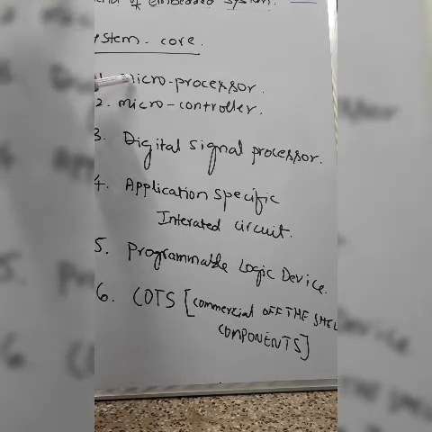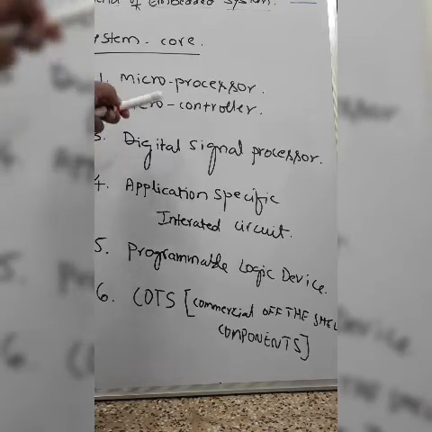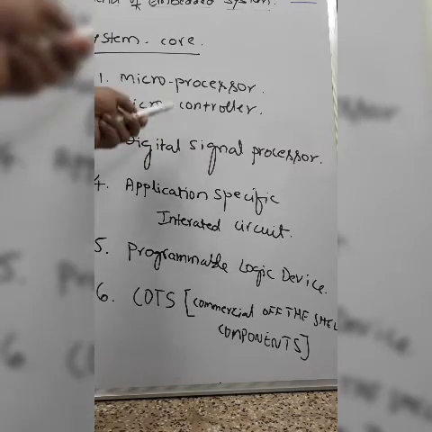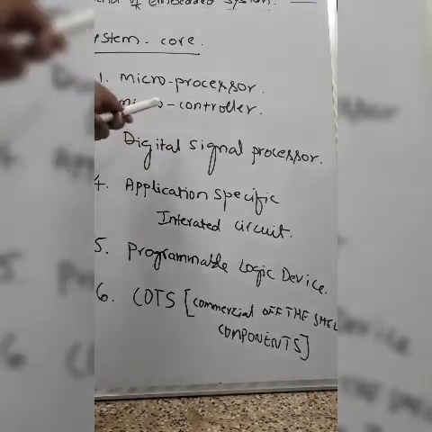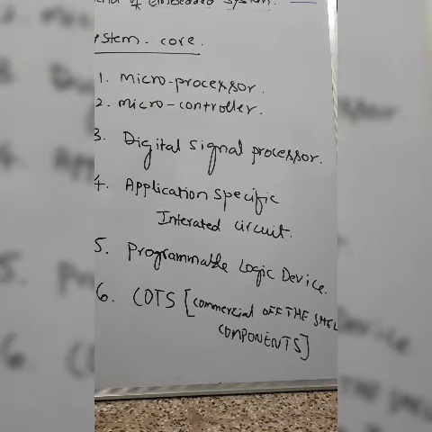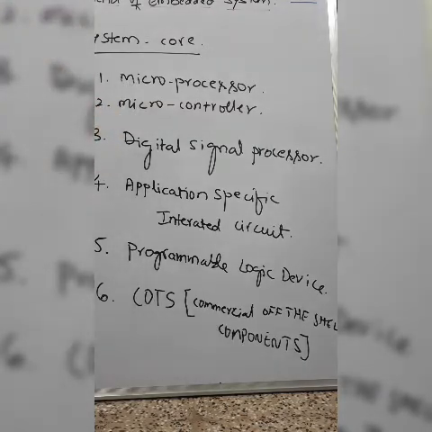That means you cannot have more instructions to process upon individual bits of a data. Here you can have more instructions to process or act upon individual bits of a data in microcontroller. Then lastly, this is general purpose and this is specific purpose. These are all the differences between microprocessor and microcontroller.